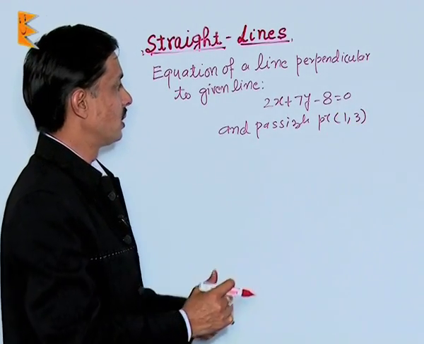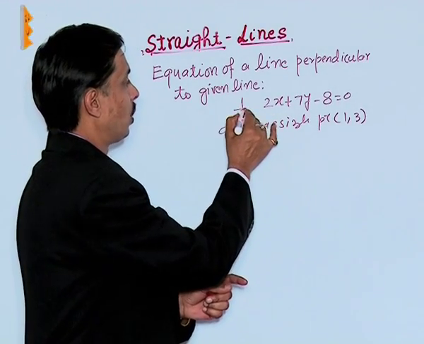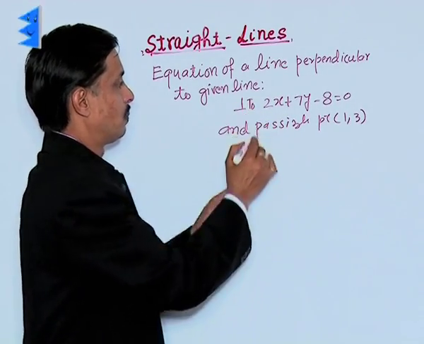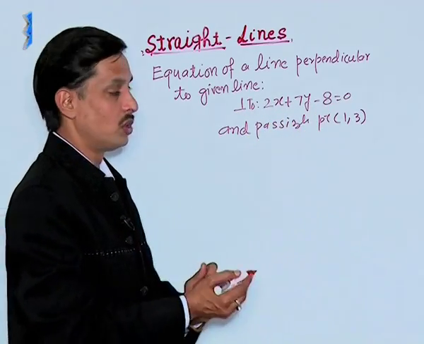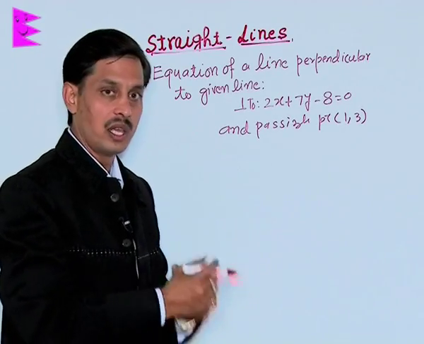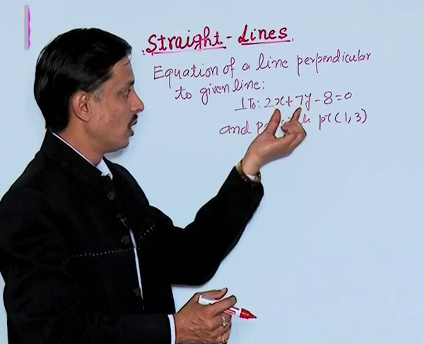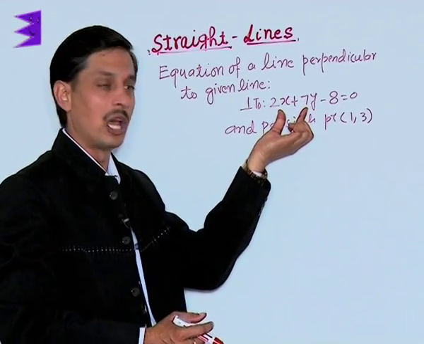The question is to find the equation of a line perpendicular to this line. So the method of finding the perpendicular is, first of all, the coefficients of x and y will be swapped.